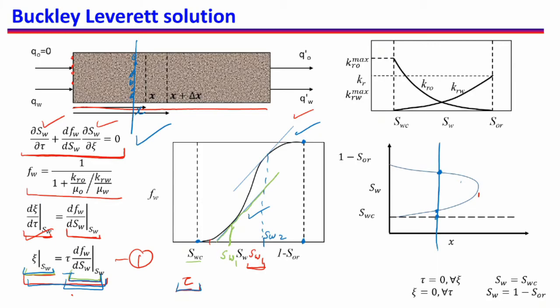So we cannot have three saturations present at a given x. So that means there is something that we still don't know about how to solve this equation. All the methods that I have told you here are correct, so you don't need to worry about that. But what we are getting here, that we get three saturations for a given x, is not correct.